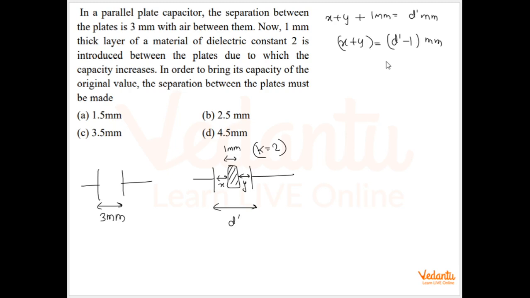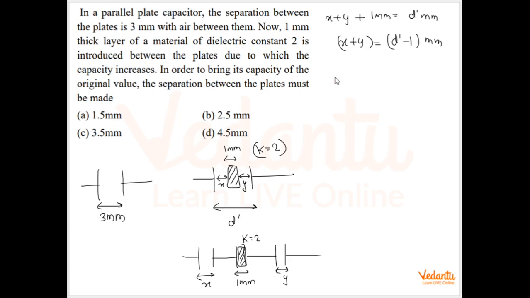Now, if I try to calculate the capacitance, here I have to take it as 3 separate capacitors in series: one of thickness x, the other one of thickness 1 mm, and the final one of thickness y. The middle one will have a dielectric slab of constant 2.